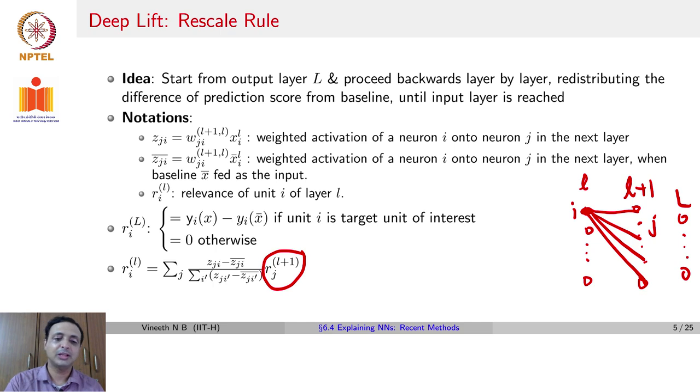That difference is what we are measuring in place of the gradient, and the rest of the process stays very similar to what we did with backpropagation. So this is the idea of using Deep Lift to understand how each input neuron attributes to every output neuron yi in this particular case.